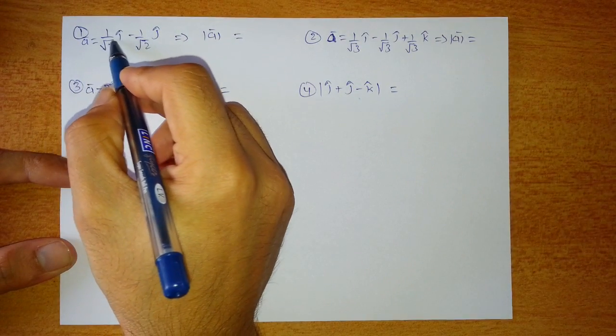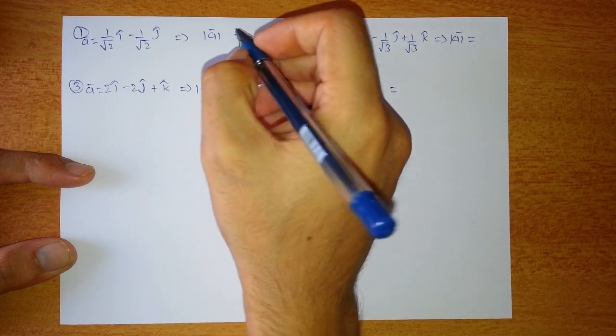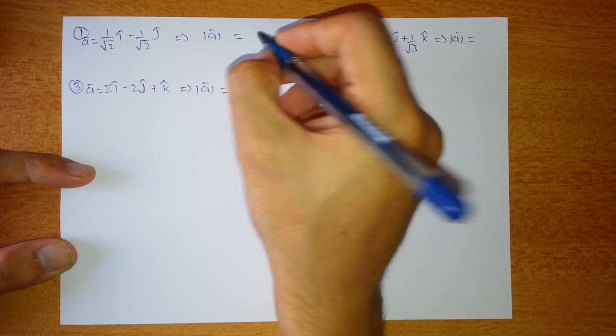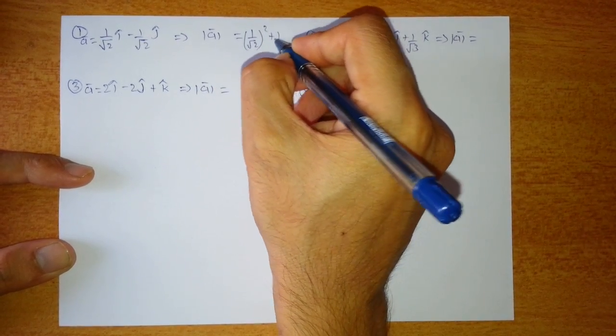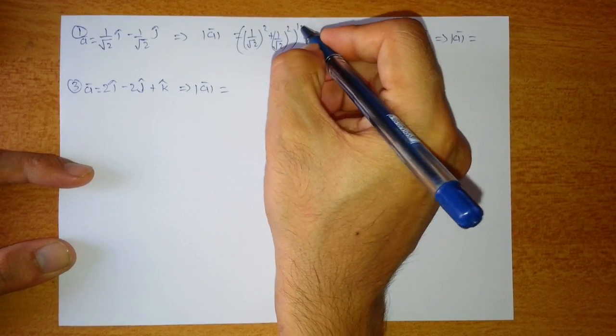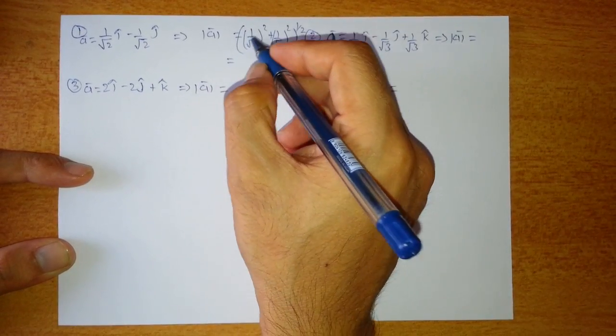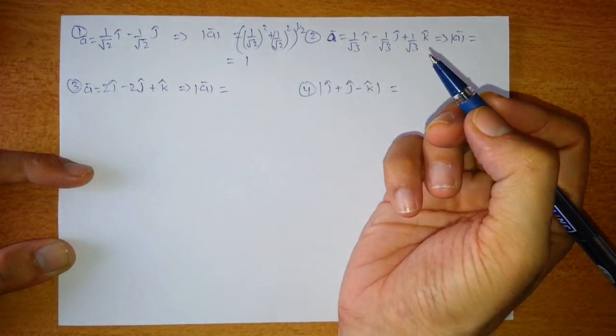In this, vector A is 1 by root 2 i minus 1 by root 2 j. So the magnitude of A is 1 by root 2 square plus 1 by root 2 square and whole root. So it will be nothing but 1 by 2 plus 1 by 2 is 1, and square root of 1 is 1.